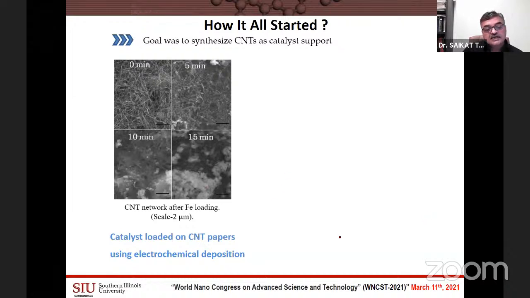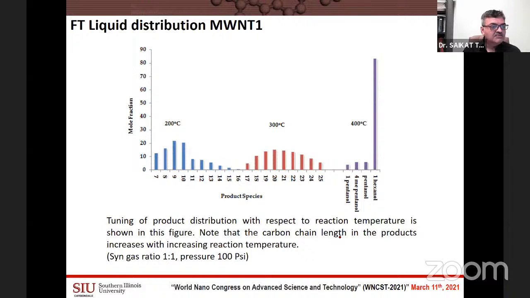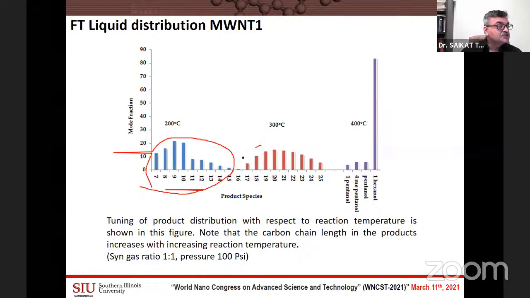So we loaded the material with iron, but what happened was when we were looking at the material without the iron, just pure as-grown nanotubes, we saw that that particular material also gave a very interesting feature of different kinds of products at different temperatures. So it was actually tunable.